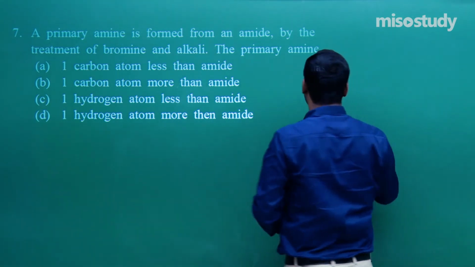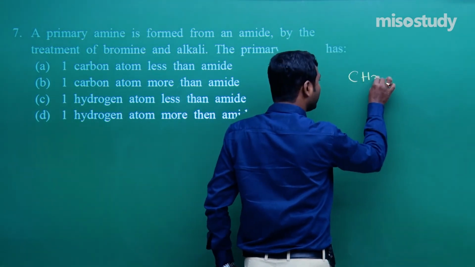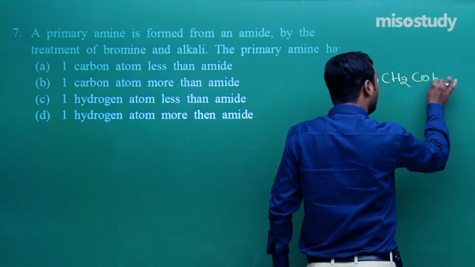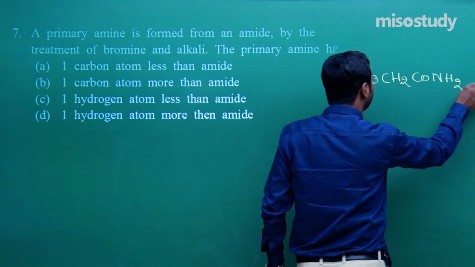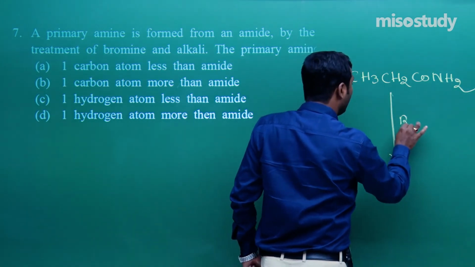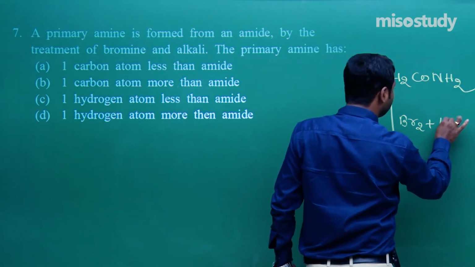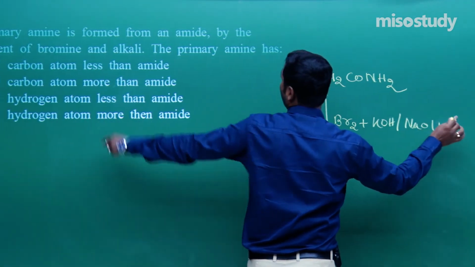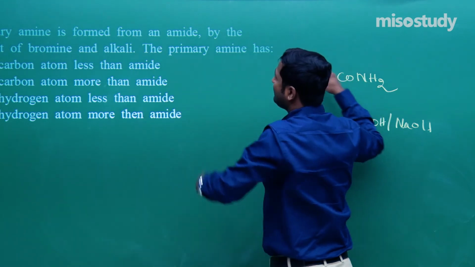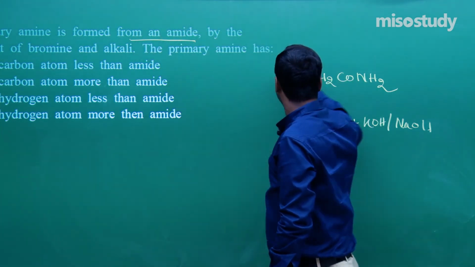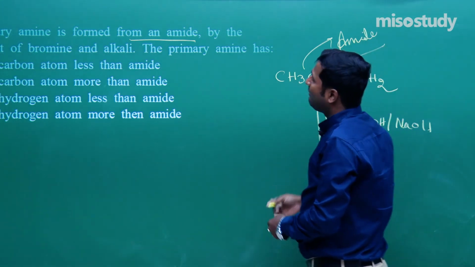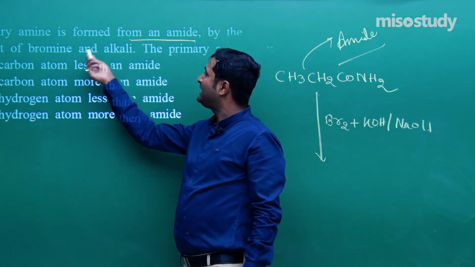If I write here CH3, CH2, CONH2, yes sir, on treatment with Br2 in the presence of KOH or NaOH, a primary amine is formed from an amide. This one is the amide, treated with bromine and alkali.